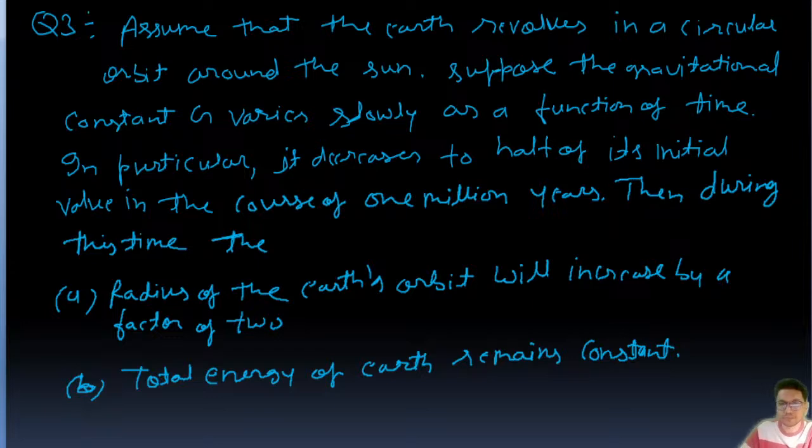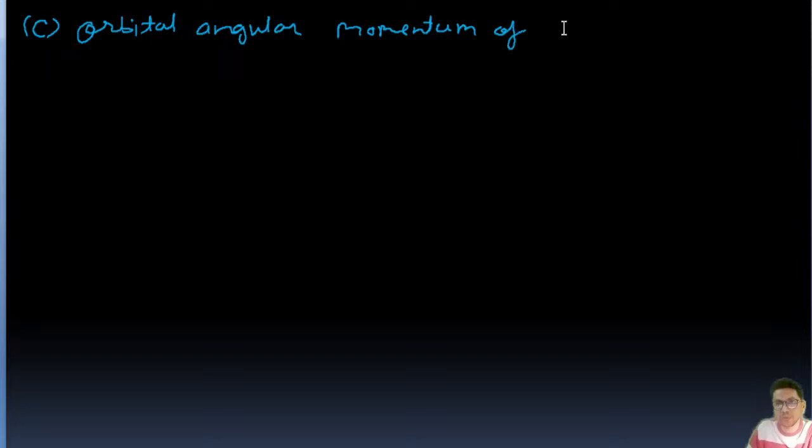Option C is orbital angular momentum of the Earth will increase.